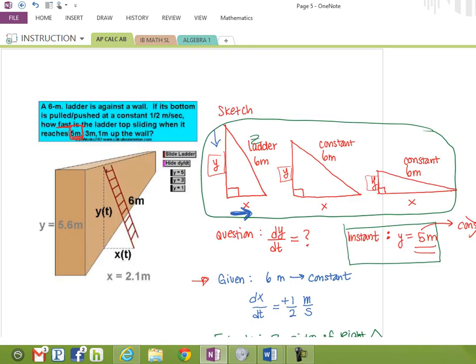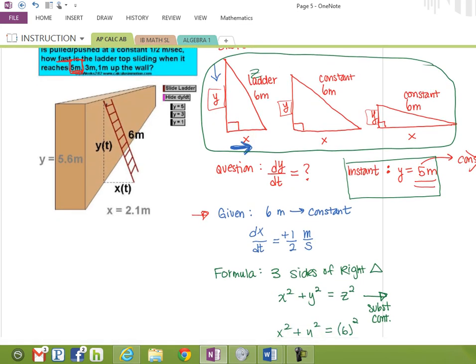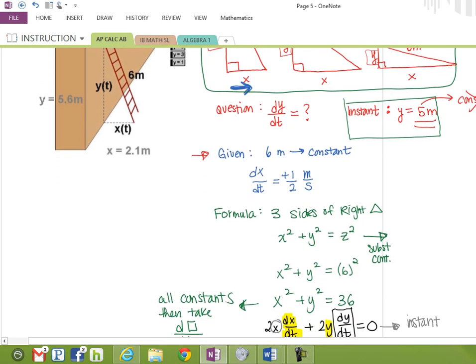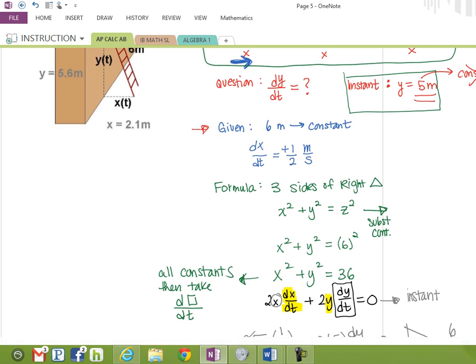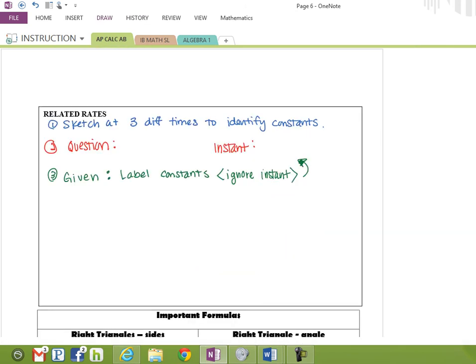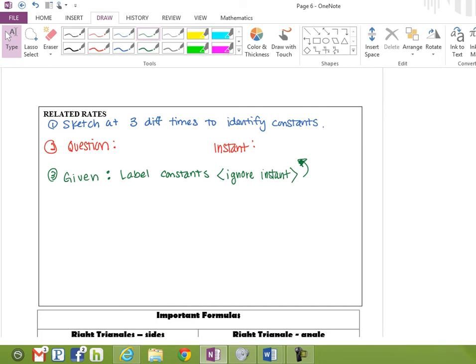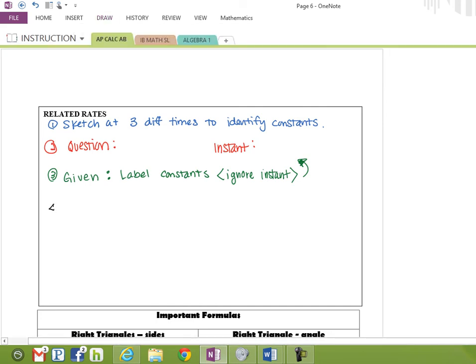After we did our givens, we figured out our formula that relates to our sketch, and in our formula, enter constants only.